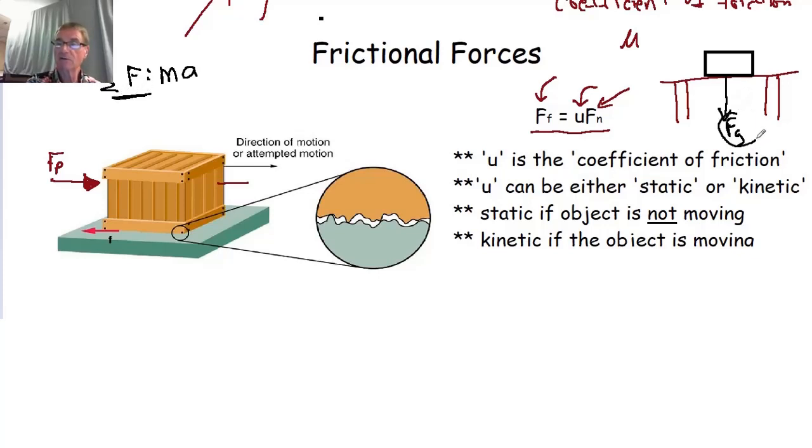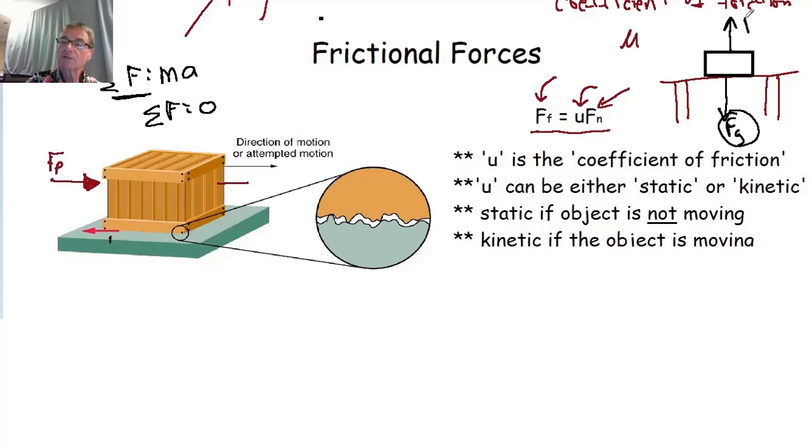Since it's not accelerating, there must be another force acting on the box in the opposite direction that cancels out the gravitational force, which gives us zero acceleration. So the sum of the forces must equal zero here.